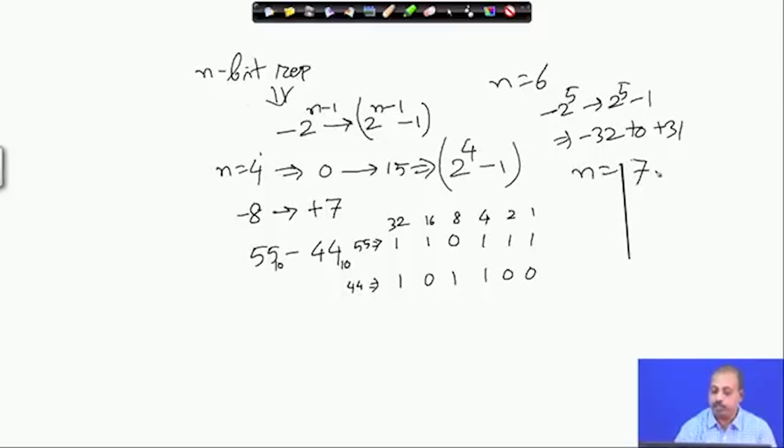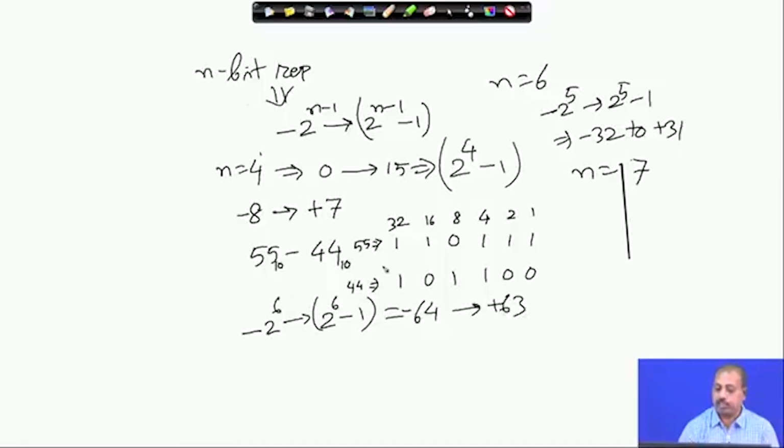If I go for n equal to 7, in that case I will be able to represent minus 2 to the power 6 to 2 to the power 6 minus 1. So, 2 to the power 6 is 64, so minus 64 to plus 63. These numbers fit in that range. So, I take a 7 bit representation.